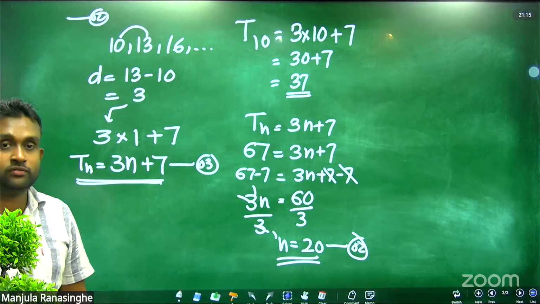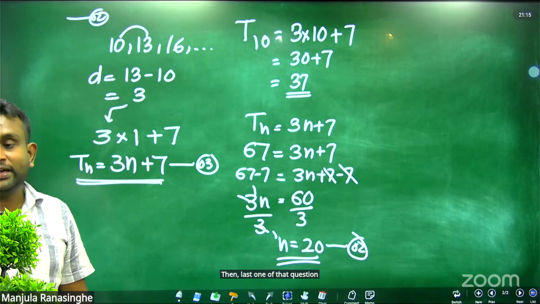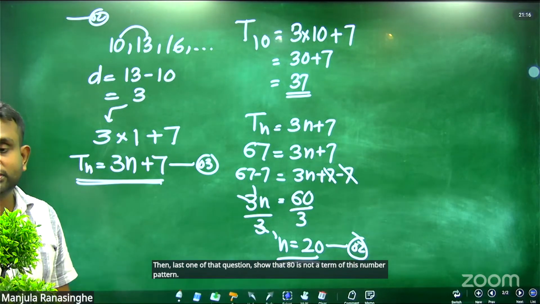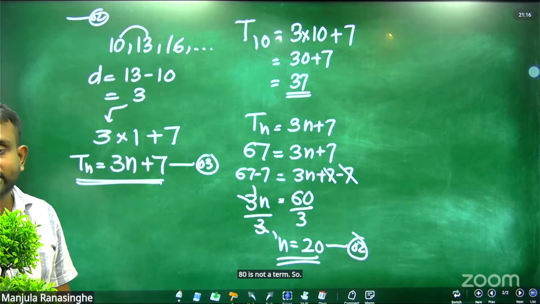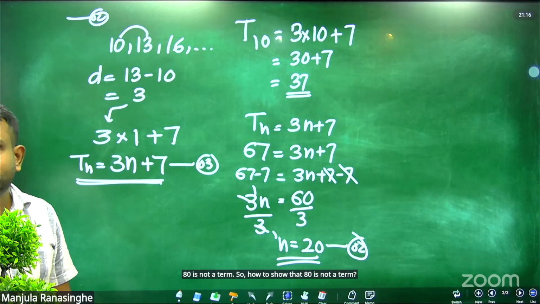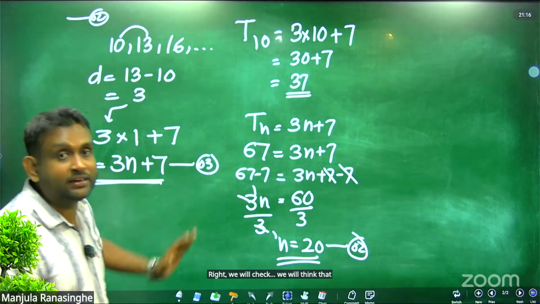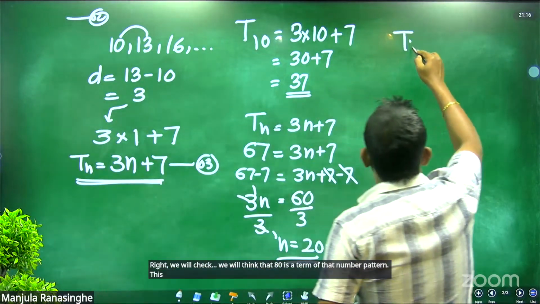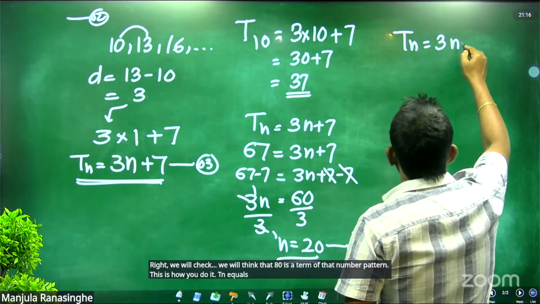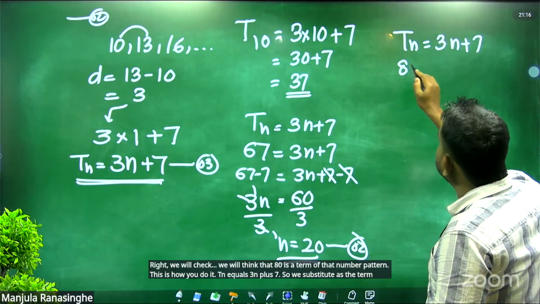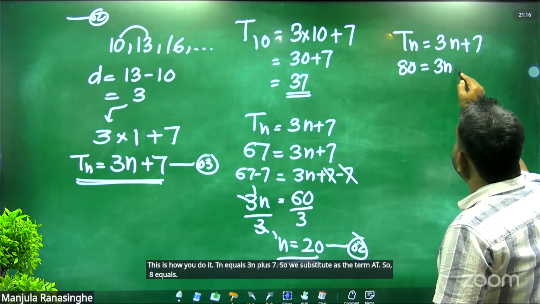Then the last part of that question: show that 80 is not a term of this number pattern. How do we show that? We assume that 80 is a term of the number pattern. Tn equals 3n plus 7, so we substitute the term 80: 80 equals 3n plus 7.